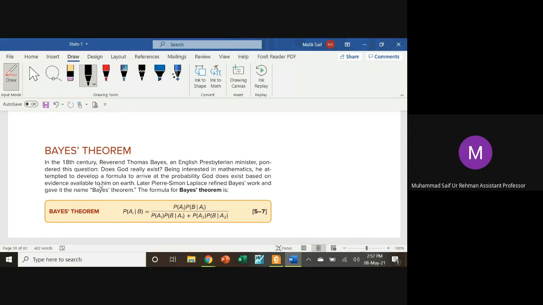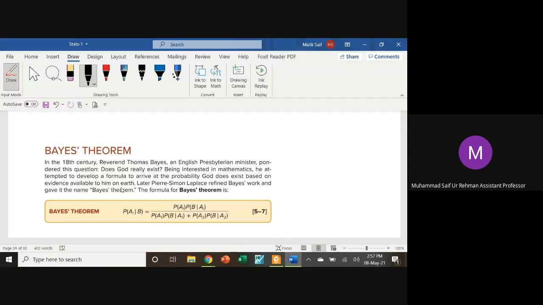He attempted to develop a formula to arrive at the probability that God does exist based on evidence available to him on earth. So based on the evidences, there are so many evidences available on the earth that are, you can say, proof of the existence of God or Allah Almighty.